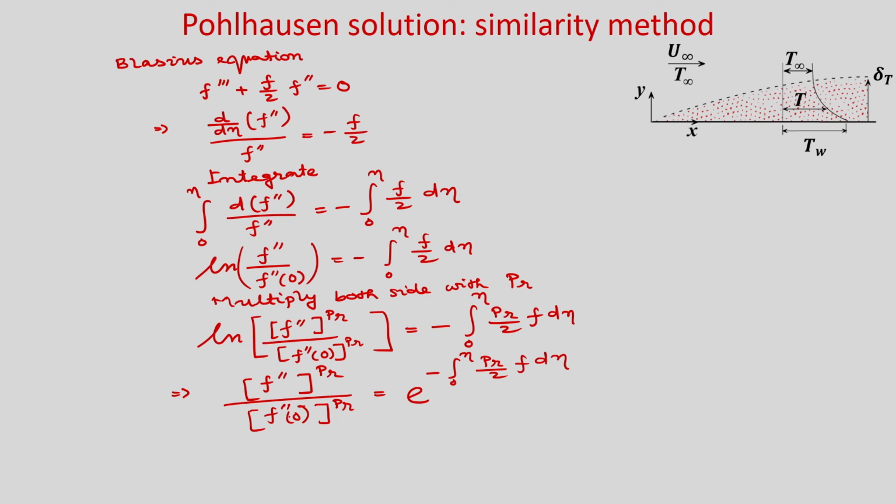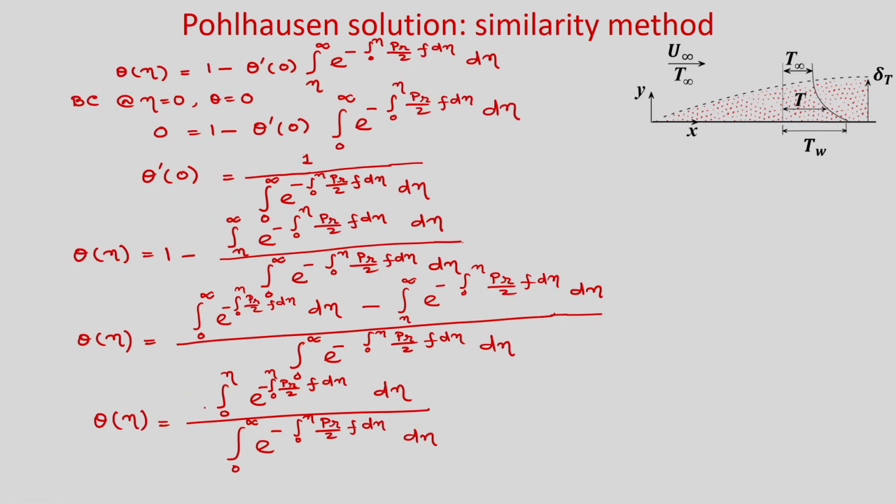Okay. So, f double prime 0 you know, right, because f double prime 0 we have found from the velocity distribution. So, this is the velocity gradient at eta is equal to 0 and that value is 0.33206. Okay. So, now if you put this in this expression, so what you will get?